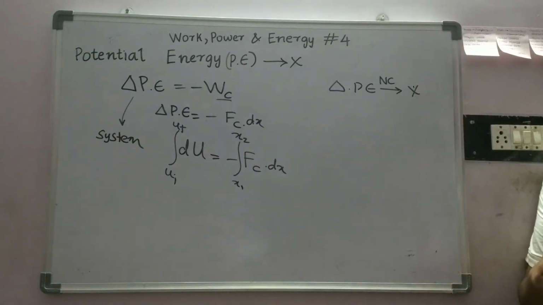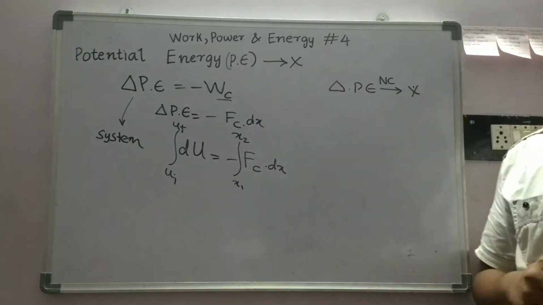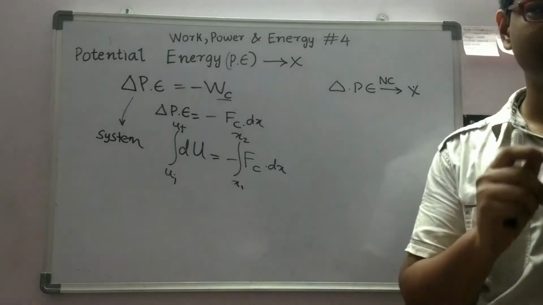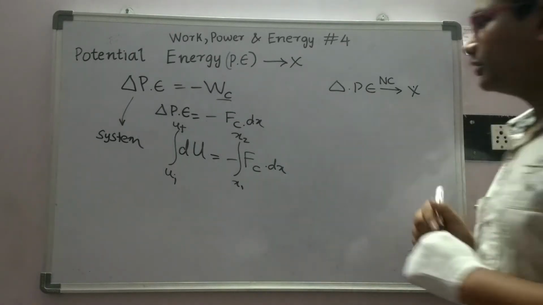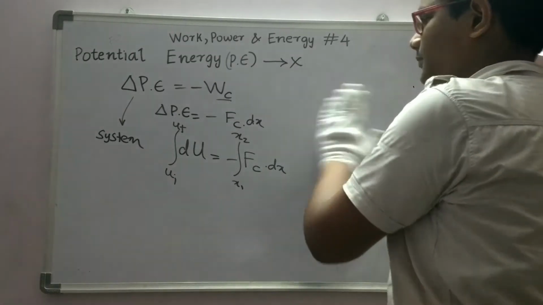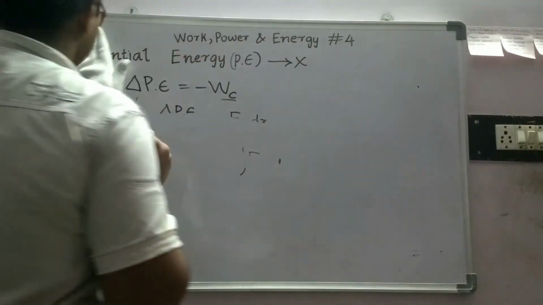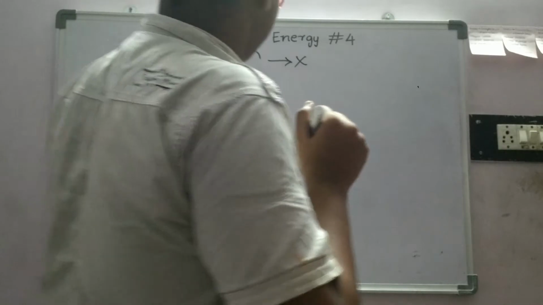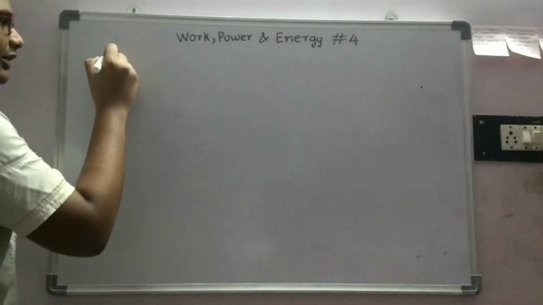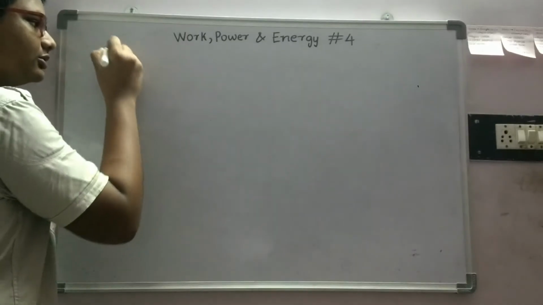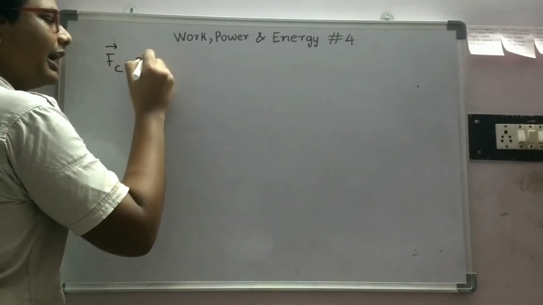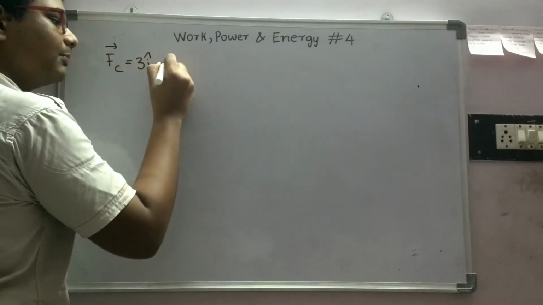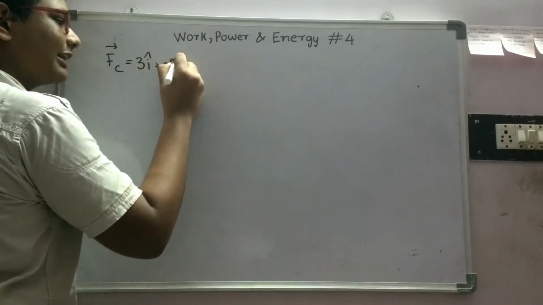Now I'll give you a numerical. Pause the video and try it yourself until you get the answer. Given a conservative force, 3i cap plus 4j cap is acting on a body.